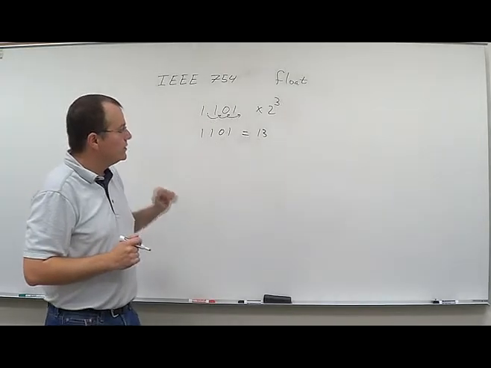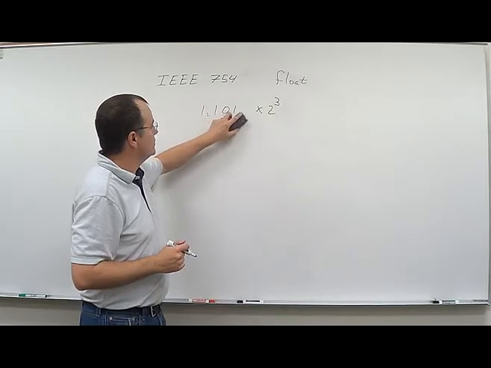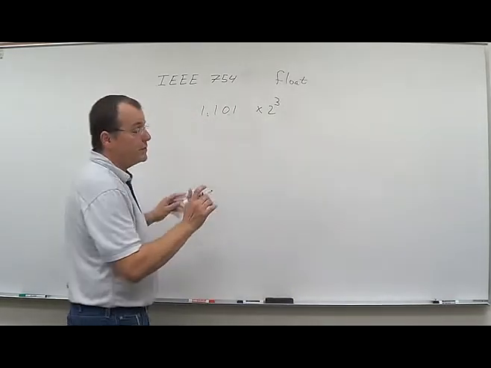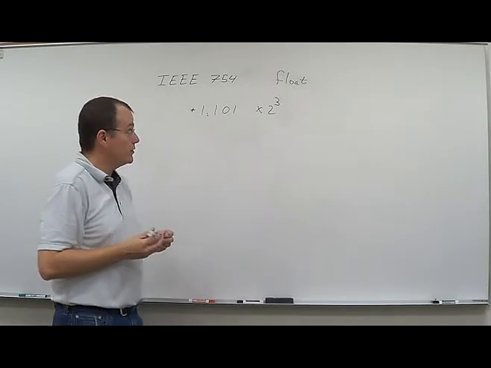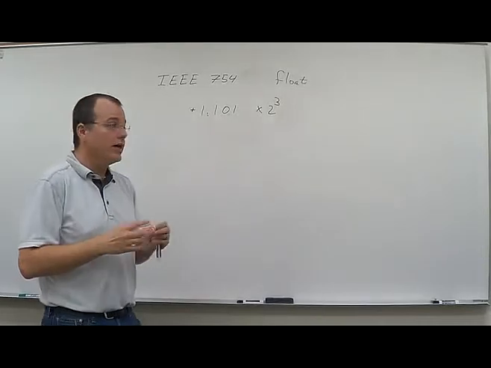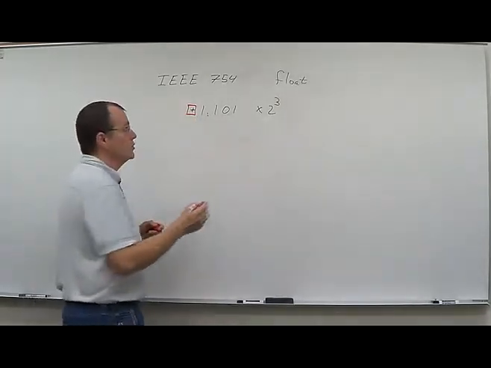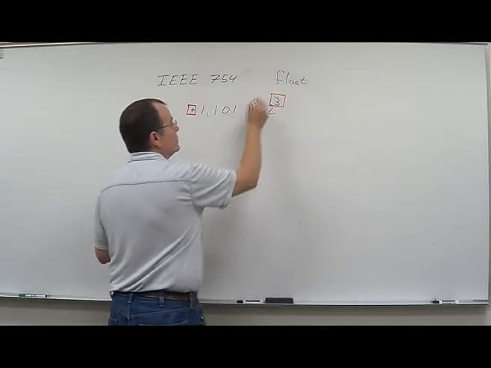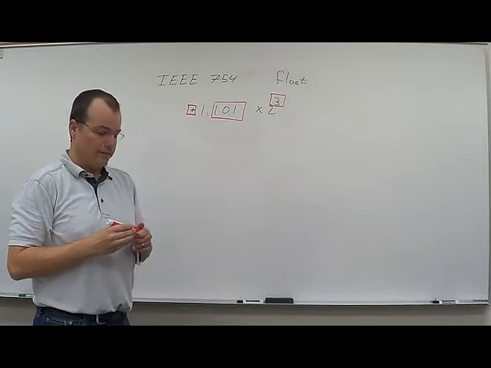But what we want to do is encode this and preserve this scientific notation structure. And just to be complete, this is positive 1.101 times 2 to the third. Well, there's 3 pieces of information I need to keep track of. This plus sign, for sure, the exponent, and then actually just these fractional bits.